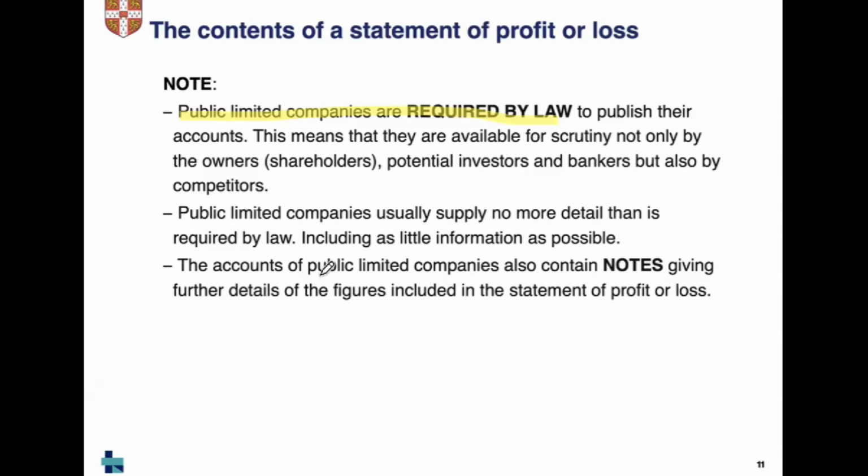And then the last point says that the accounts of public limited companies also contain notes giving further details of the figures included in the statement of profit or loss. So I want you to take an interest in the public accounts published by certain companies. Take any company at all and download from the internet their latest financial statements.